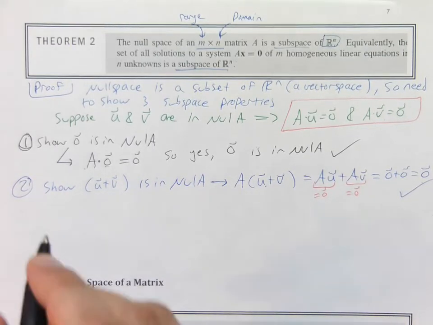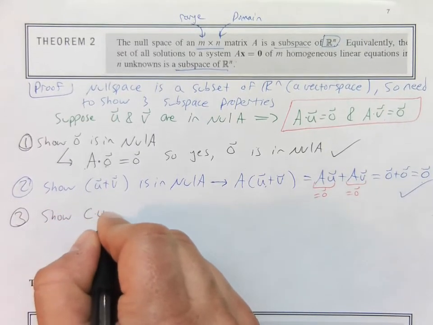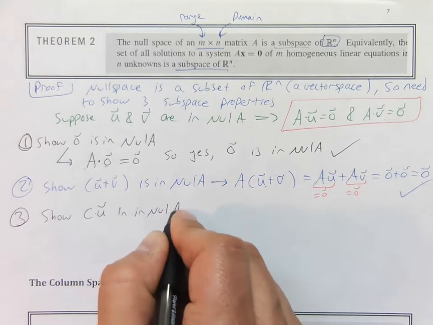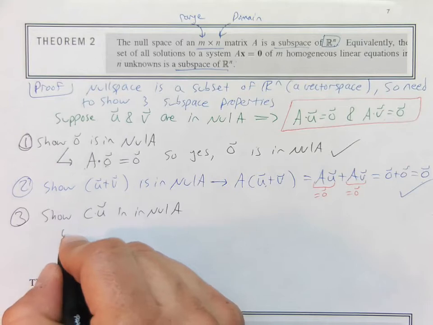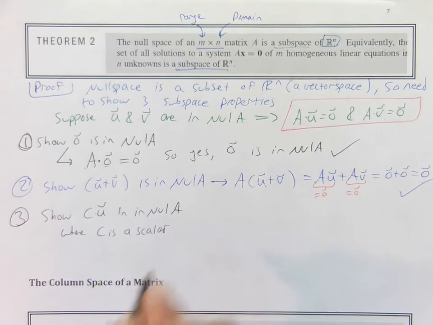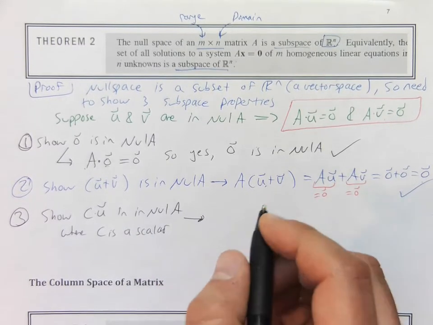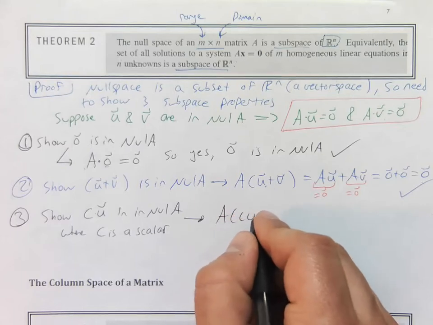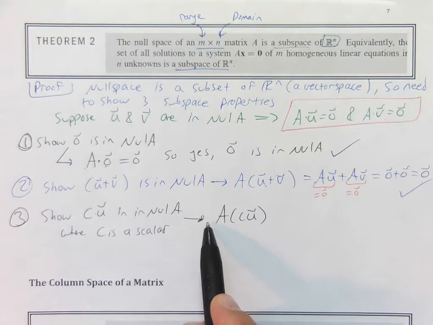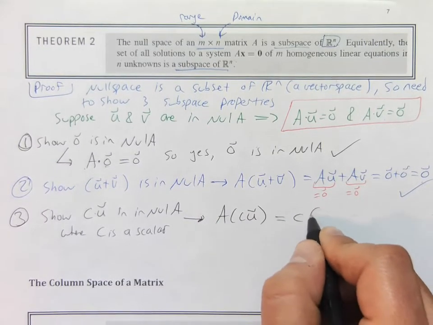The third property says to show that a constant times a vector is in the null space. So show c times u is in the null space of A, where c is some arbitrary scalar. Let's take c times u, multiply it by A, and see if we get 0. A times cu: c is just a constant, so you can pull constants out in front of matrix multiplication. That's c times Au.